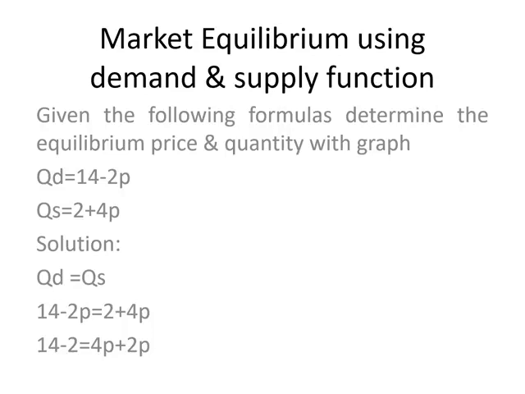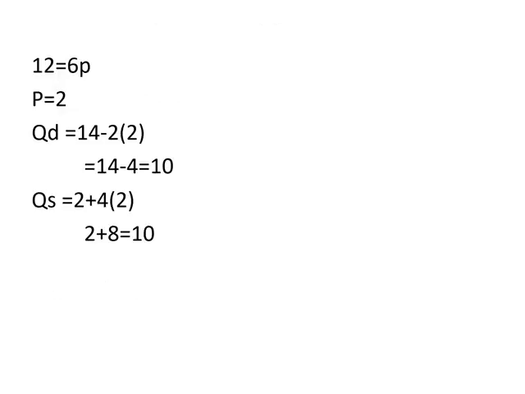Mathematically, it's very simple. Let's move. So 14 minus 2 equals 12, and then 6P, dividing both sides by 6. So 12 divided by 6 and 6P over 6, P equals 2. So the result, P equals 2.